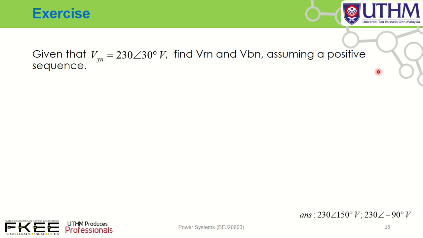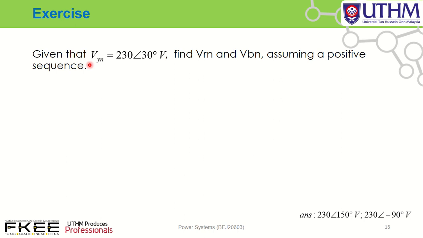Next, you can try this exercise on your own. For example, given VYN equal to 230 angle 30 degrees volt, find VRN and VBN. What is VRN in polar form and VBN in polar form? Assume a positive sequence. What is the meaning of positive sequence?